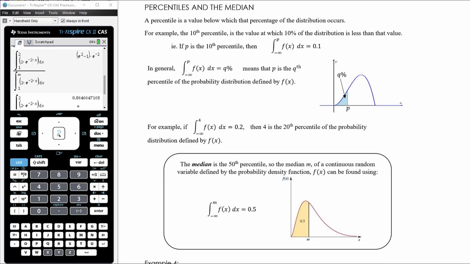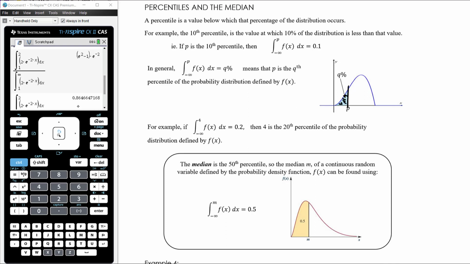The 10th percentile for weight, also not true, would mean 10% of people are lighter than me, 90% of people are heavier than me. So essentially when we're told the percentile value, we're being given the probability. If P is the 10th percentile, that's because 10% of the distribution is below here.